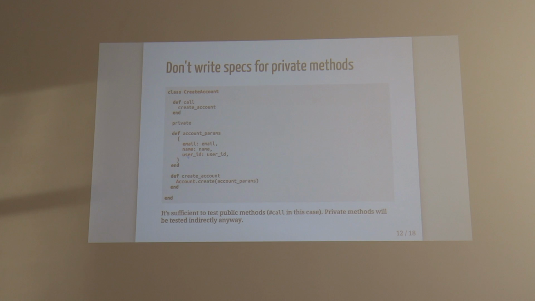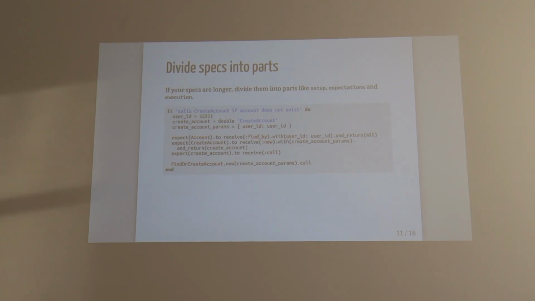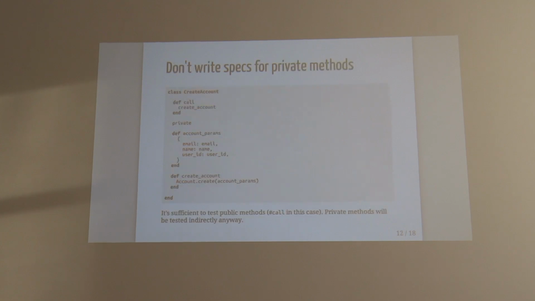So you don't need to write that account params is a hash that has this, this, and this. In this example, we had that tested in here, like expect create account to receive new with create account params. Right? So it's perfectly tested, 100% coverage. So don't write specs for private methods.